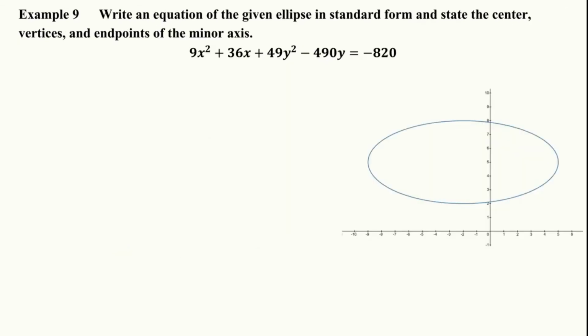All right, so here we have another equation that's given to us in a form closer to the general form than to standard form. So we're going to go ahead and try to put it in standard form, then it'll become real easy to graph.